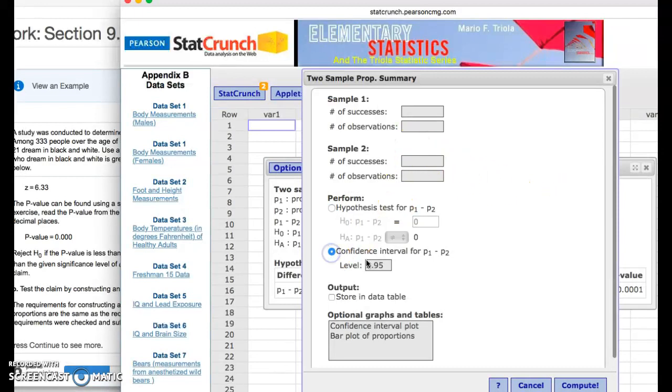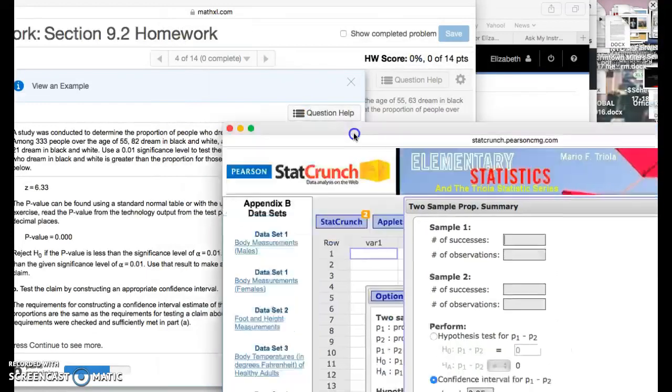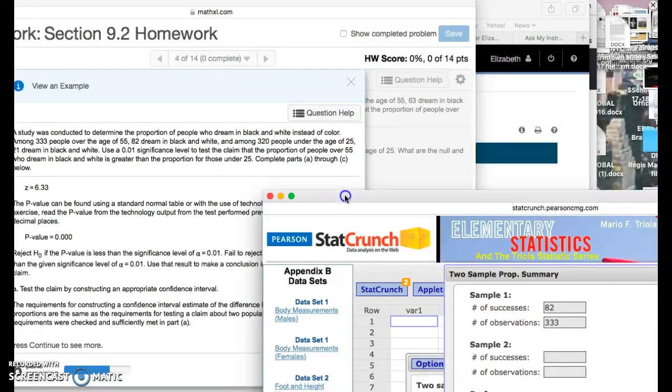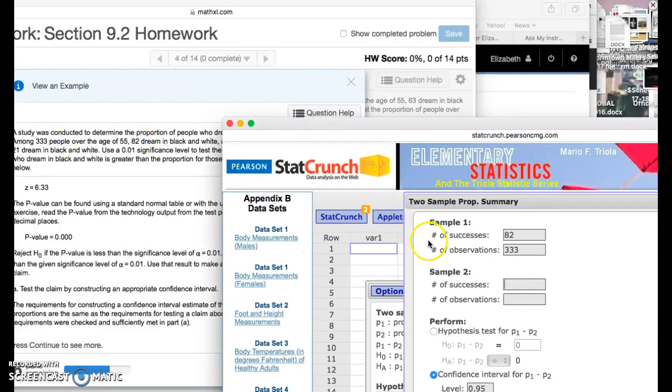And instead of using the hypothesis test, we'll use the confidence interval, and that was 82 out of 333. And the second one was 21 out of 320.